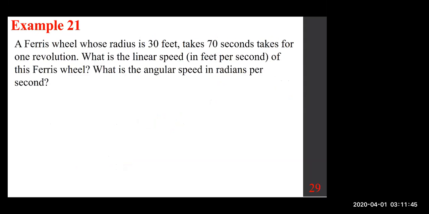Could somebody read this question for us? A Ferris wheel whose radius is 30 feet takes 70 seconds for 1 revolution. What is the linear speed in feet per second of this Ferris wheel? What is the angular speed in radians per second? Thank you so much. As you can see here, the radius is given, right, class?